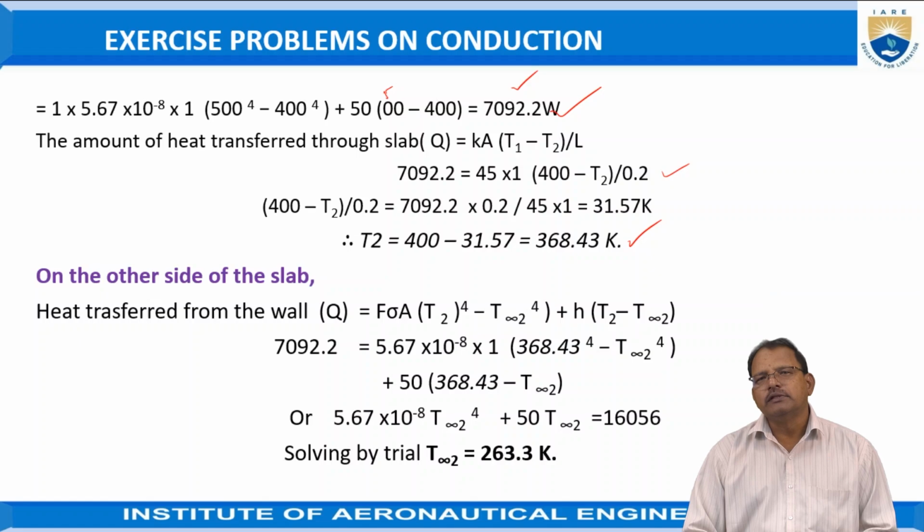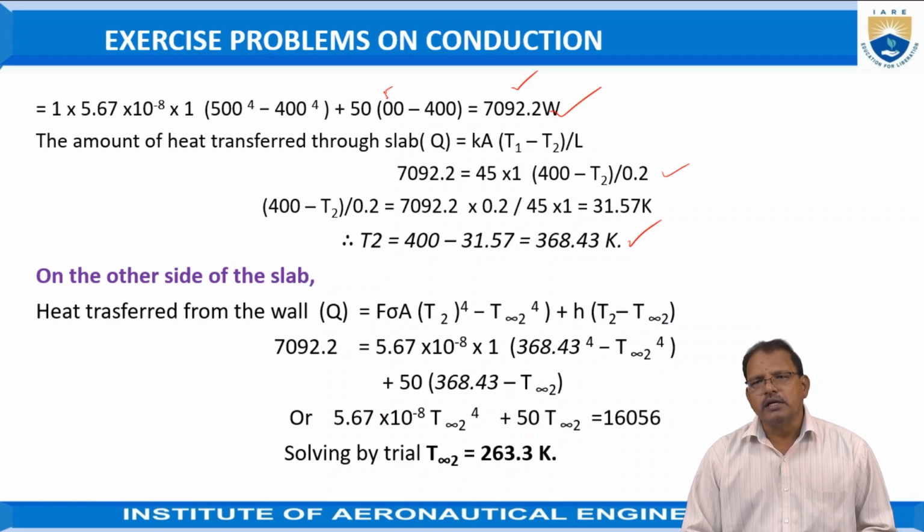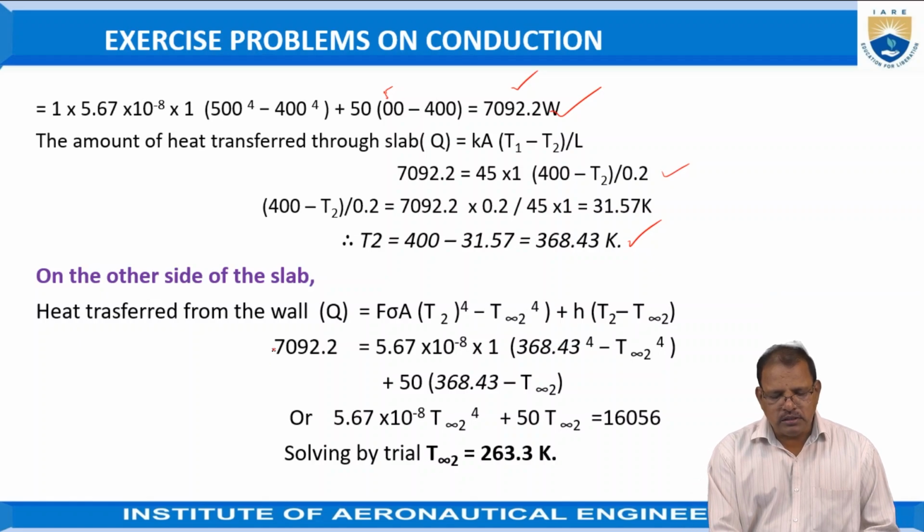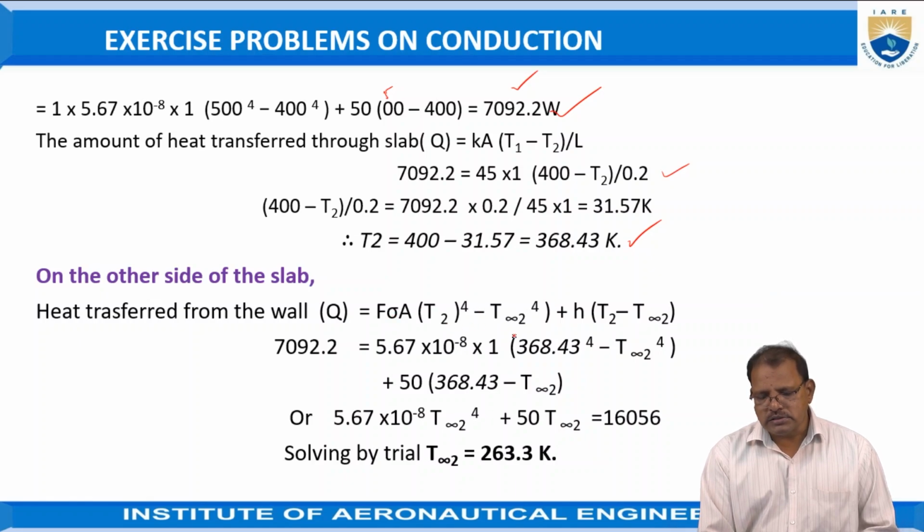On the other side of the slab, the heat energy is transferred to the air by convection as well as radiation. Hence, the heat transfer from the wall to the air is given by F into sigma into A into (T2 to the power of 4 minus T alpha 2 to the power of 4) plus H into (T2 minus T alpha 2).